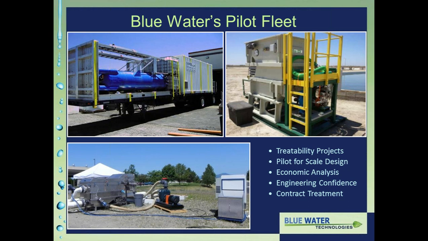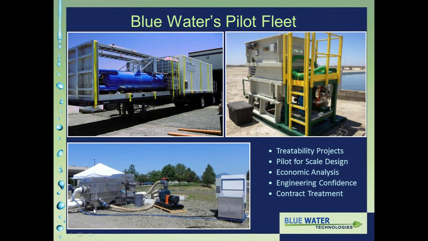And as I mentioned before, a lot of our new projects begin with a bench scale test, and they go into pilot scale treatment for further design. And there's also a lot of contract treatment that we do with our mobile pilot systems. So you can see some of those systems in these pictures here. This is our sand filter line. We have a DAF line, and in the lower left here, you see the rotating belt filters.